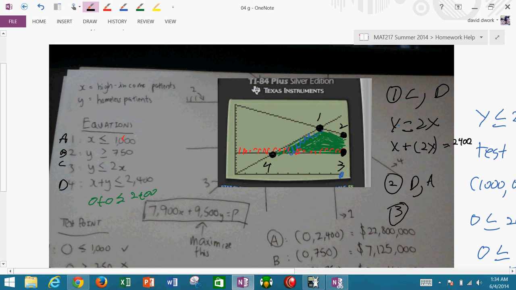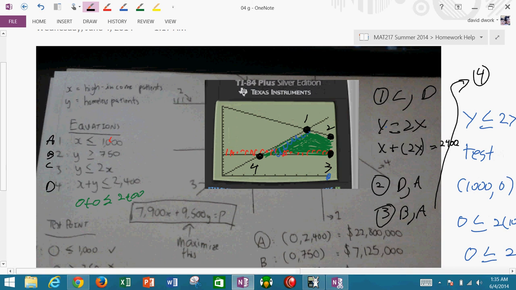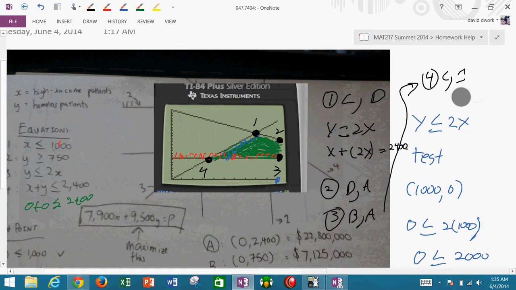So then corner point 3 is coming from, well, actually that one's really easy because it's just coming from B and A. And last but not least, corner point number 4 is coming from the lines, that's the diagonal line, so that's C, and that's the graph of B.